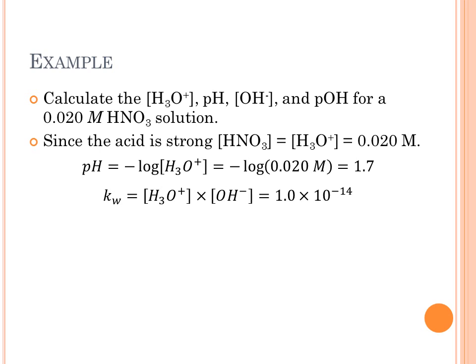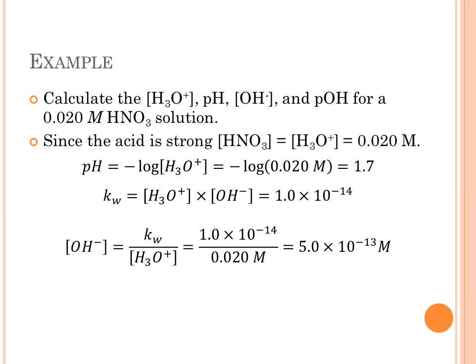Now, we had our Kw equation, so we can solve that for hydroxide and get the hydroxide ion. So hydroxide ion is equal to Kw divided by the hydronium ion concentration, or 1 times 10 to the negative 14th divided by 0.020, or 5.0 times 10 to the negative 13th molar.